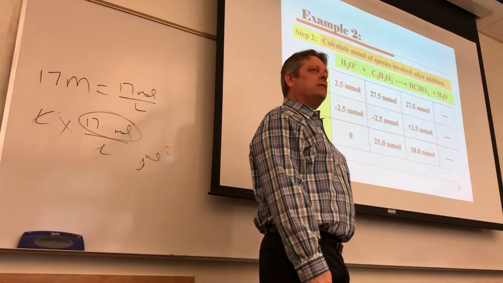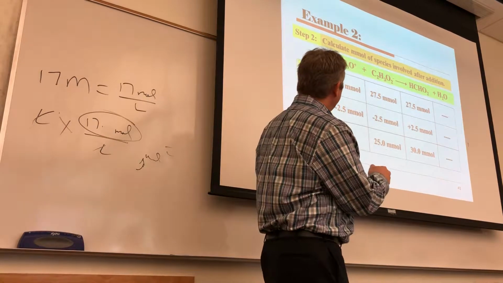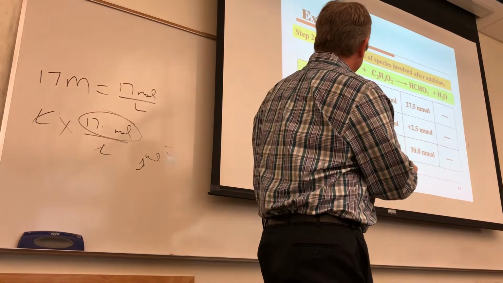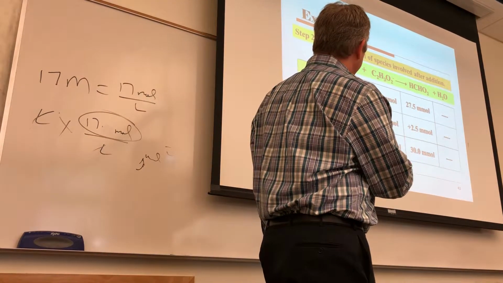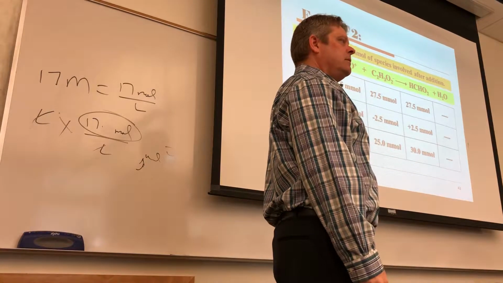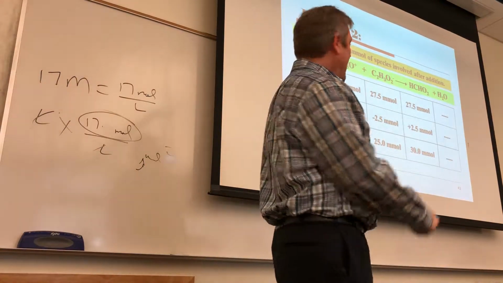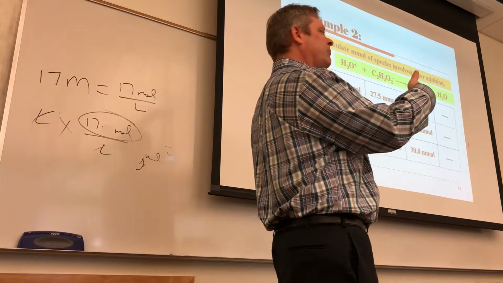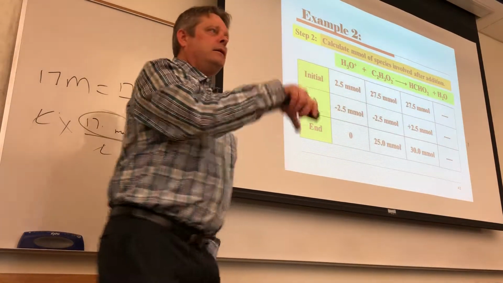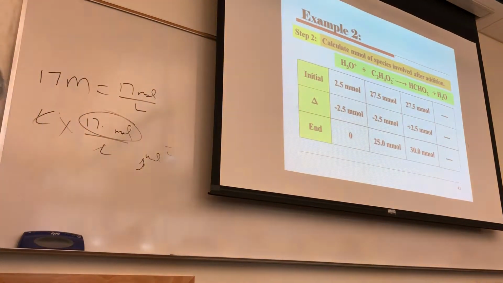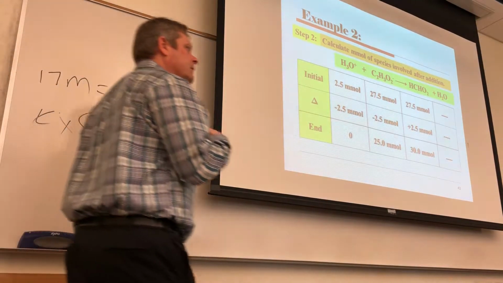That's all I'm saying. This wouldn't be an endpoint if I didn't have enough of this to balance that out. Then I'd have some of this left over and my pH would jump way down, right? My H3O+ concentration would jump way up, right? Make sure that that's clear. Does everybody get what I'm saying?